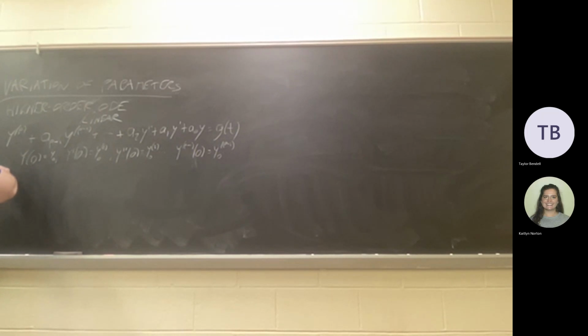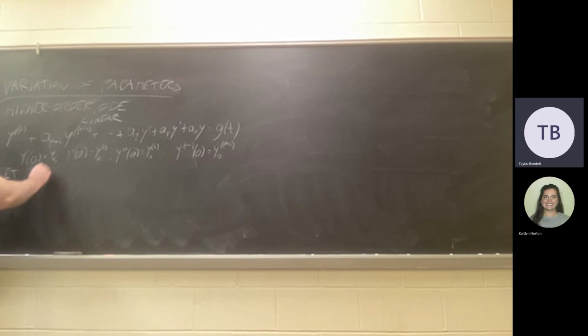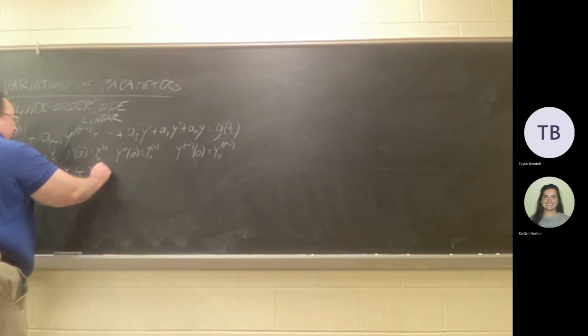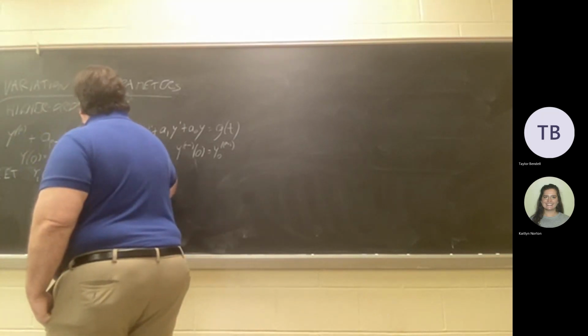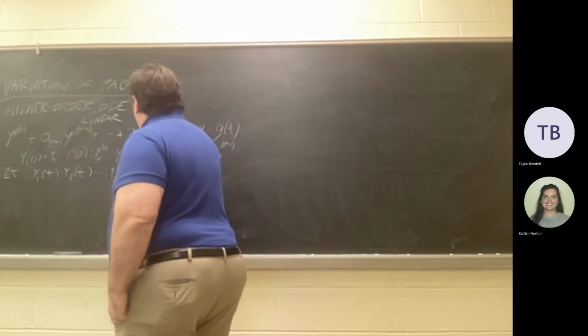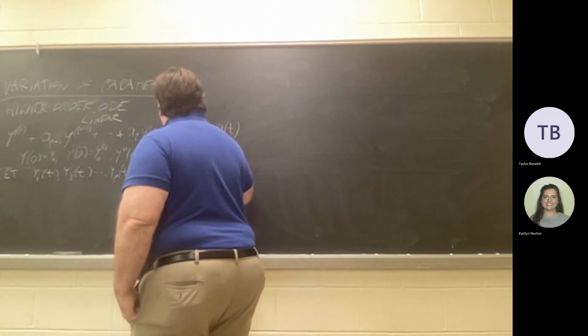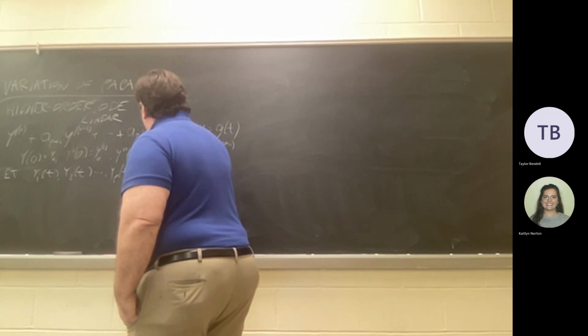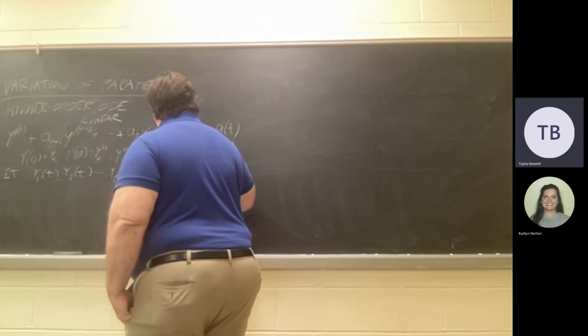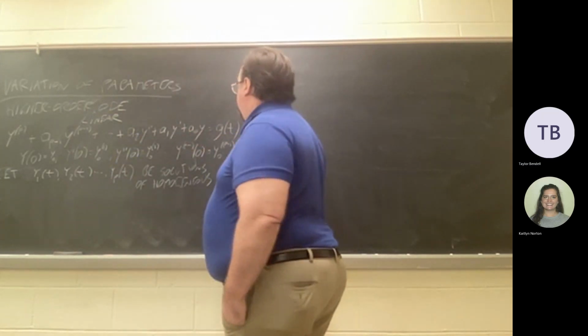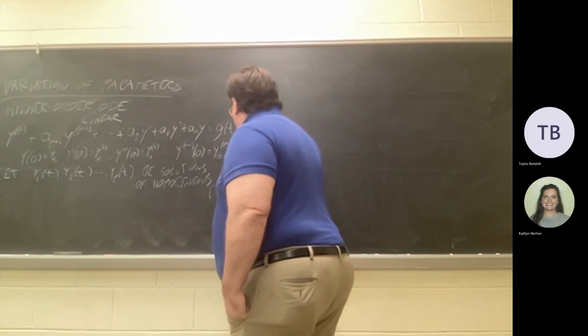So what you do is, I'm going to let y1 of t, y2 of t, up to yp of t be solutions of the homogeneous ODE, so the same ODE as this, except g of t is set to 0.